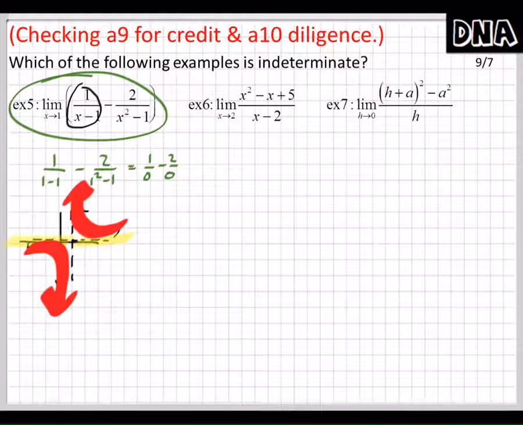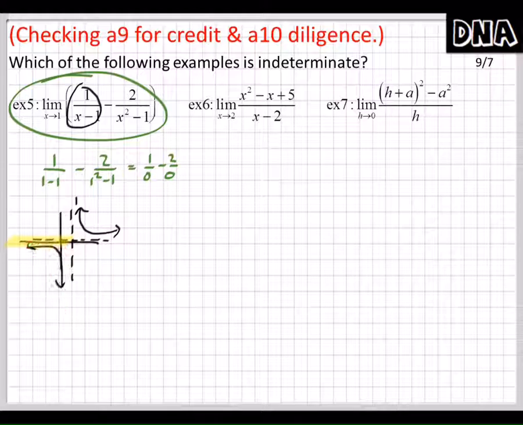So you would say that the limit of this at 1 is infinity. Very annoying. I know. Like what? Why? You just do. Okay, so negative infinity, infinity. The function approaches infinity for this one as I approach 1.